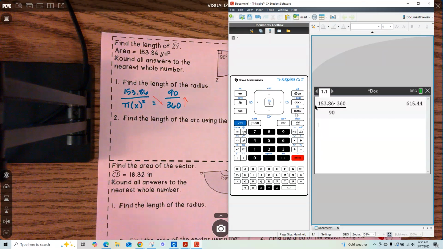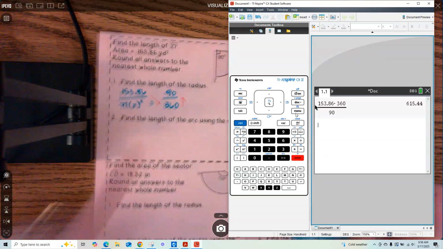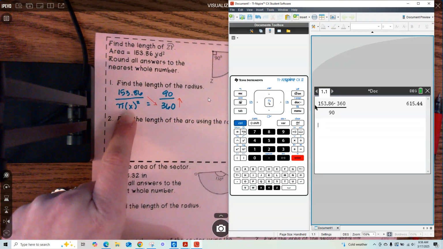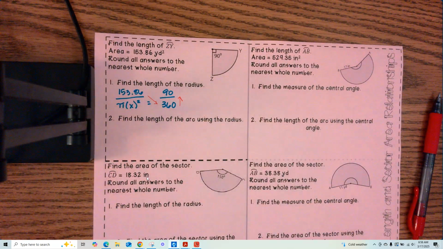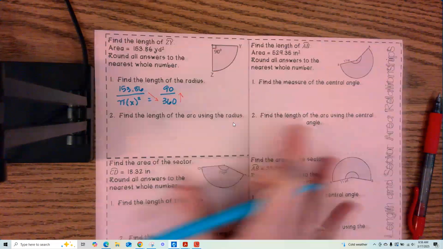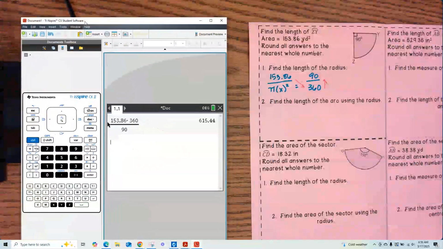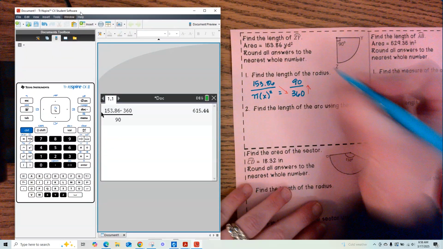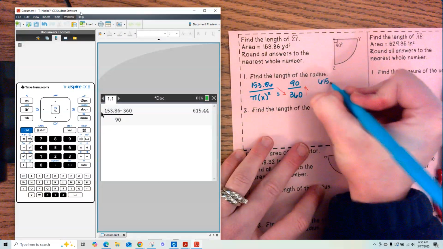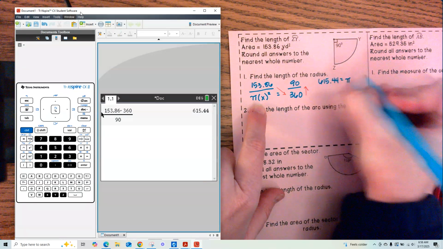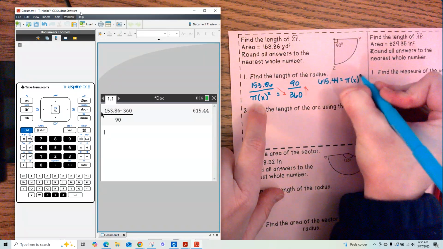And what I get, that number, is equal to pi times x squared. Okay, so let's see if I can get all of this to show up at one time. Okay, so the 615.44 equals this whole piece, pi times x squared.